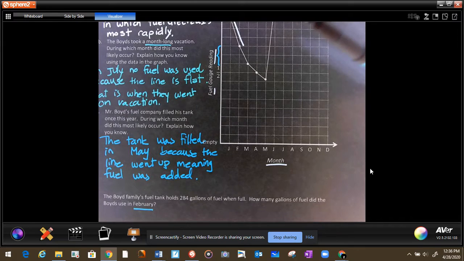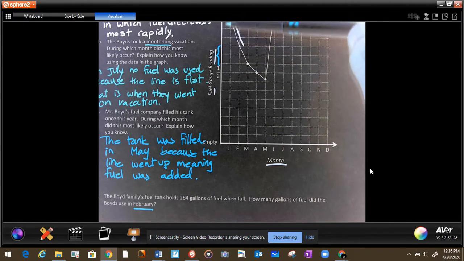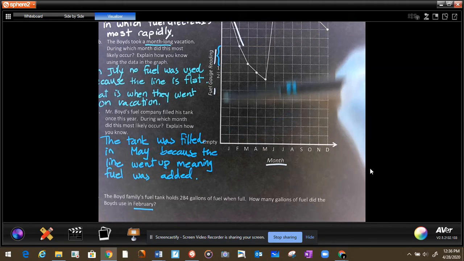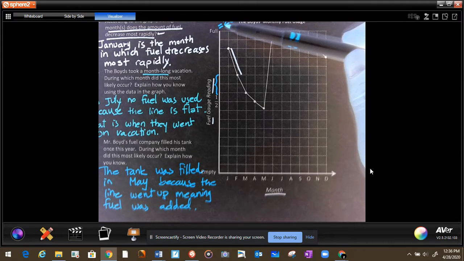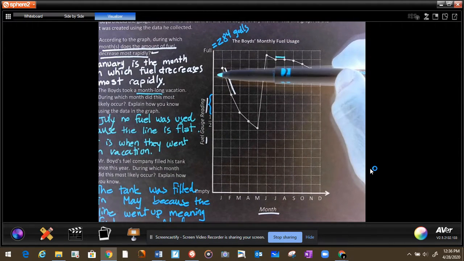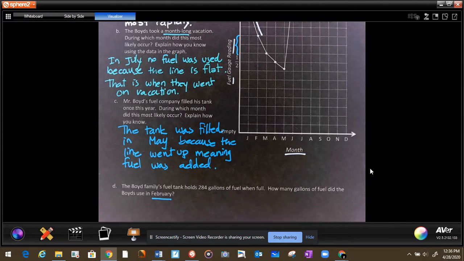Now, to get the answer, we have to count all of the squares going all the way up to full, from origin to the top, and divide it. So we're going to divide this whole number by 16 little squares, or 16 units, and that's going to give us the answer.